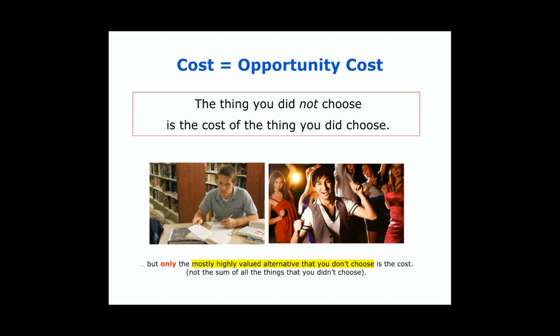If we go to the library, then the cost of going to the library is the fact that we couldn't go socializing. If we go socializing, then the cost of doing that is the fact that we can't go to the library. But note that it's only the most highly valued thing that we didn't do that represents the cost. It's not all the possible things we didn't do. Because when we're choosing, we're really choosing between the two most highly valued things, and the highest valued thing is the one we choose, and the next most highly valued thing is the cost of that choice.